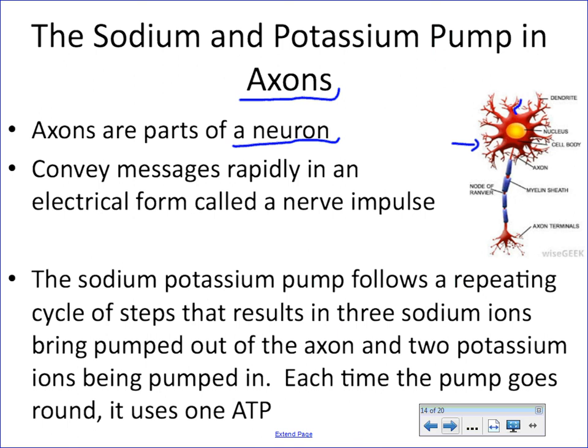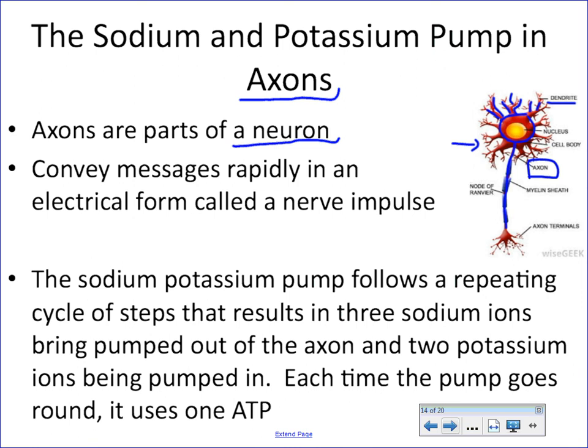And the neuron itself has a number of features to it. So there are these branch-like structures coming off of the main cell body. These branch-like structures are referred to as dendrites. There is one long extension coming off of the cell body that is referred to as the axon. And it's on the axon that we will find these channels and pumps that Ivy wants you to know.